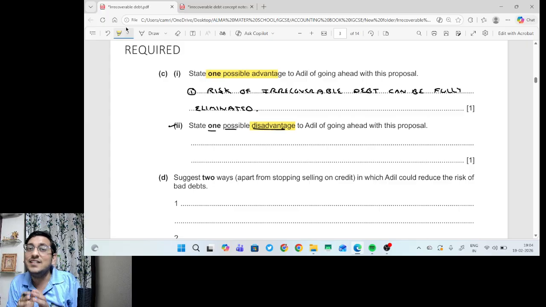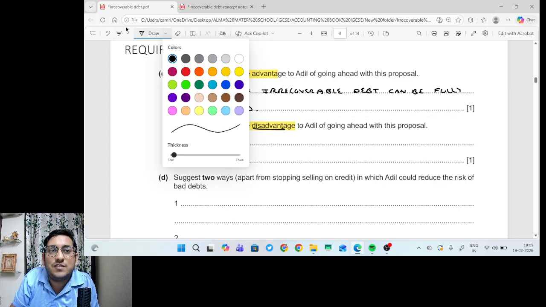So if you suddenly stop any scheme or policy you have, it might happen that some customers who may get credit from a different supplier may shift. In business it happens. So there is a risk that your customer base may shift to your competitor. They can say, okay, if Adil is not giving credit, another supplier will allow us credit. So this is the possible disadvantage.